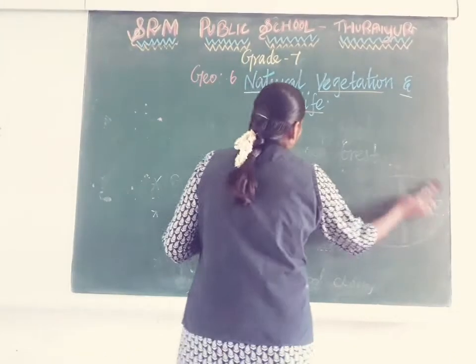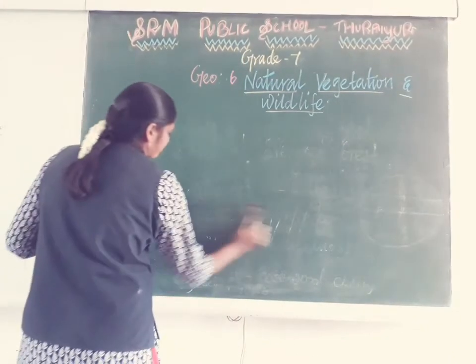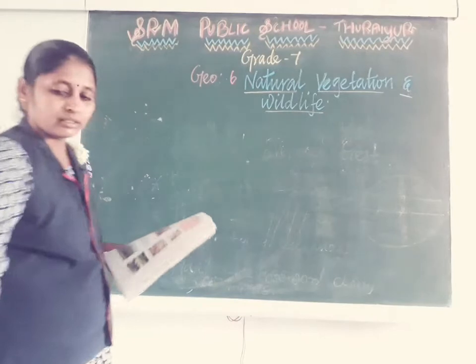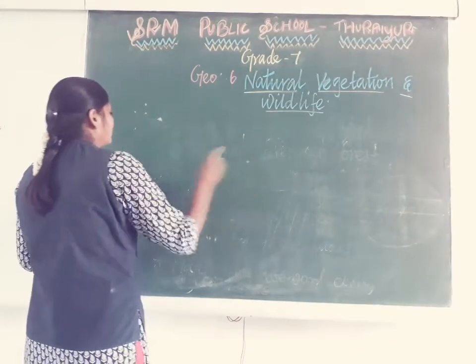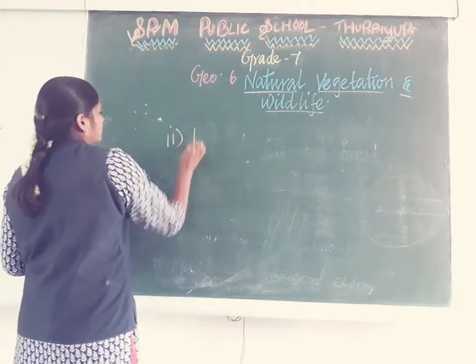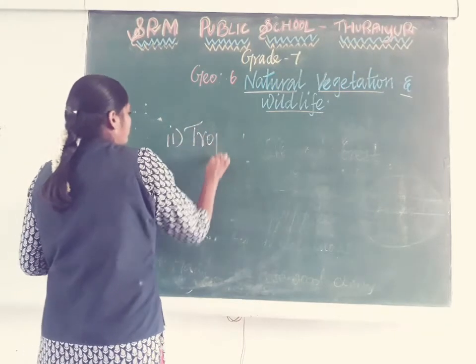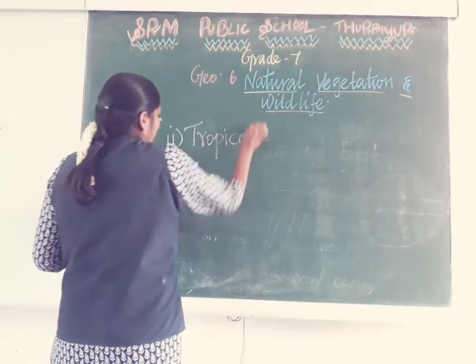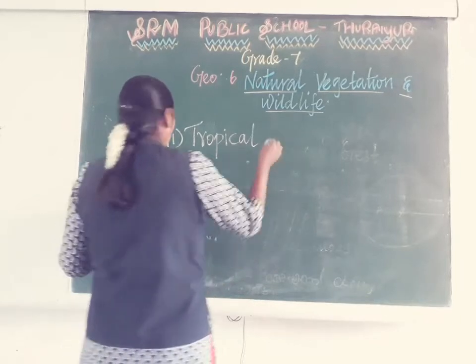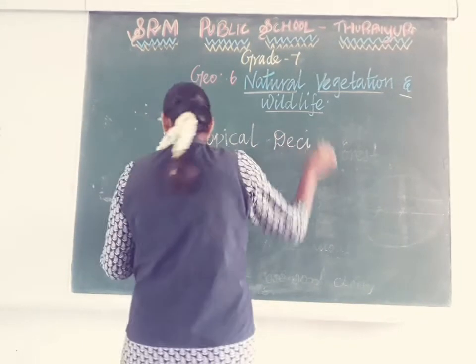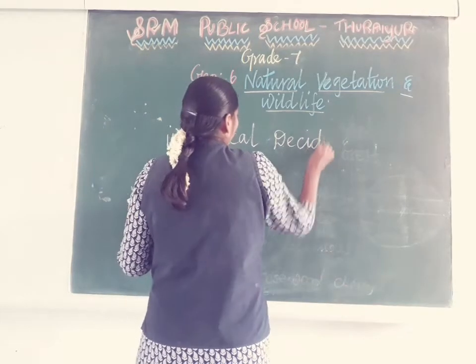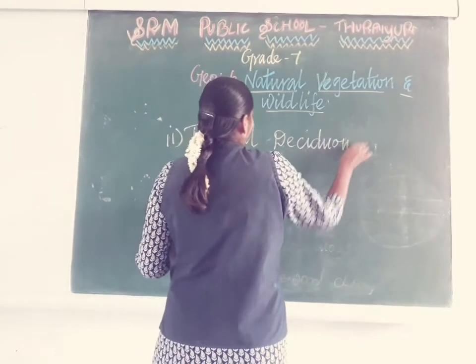Next we are going to tropical deciduous forest. The second forest is tropical deciduous forest. In the same tropical region, we can see some deciduous forest.